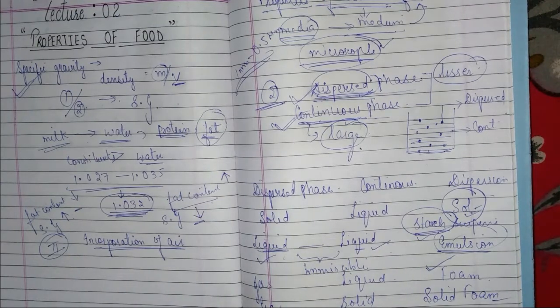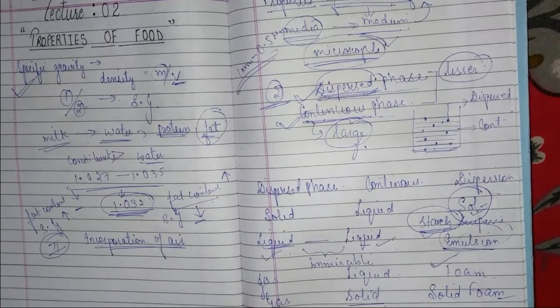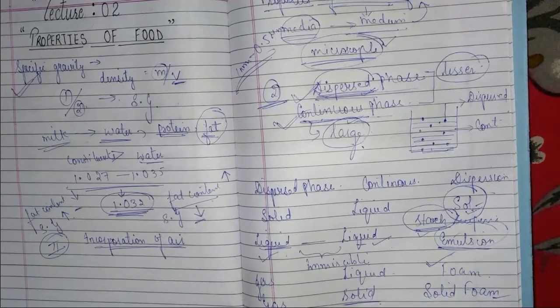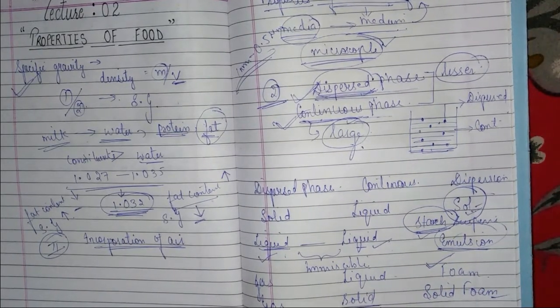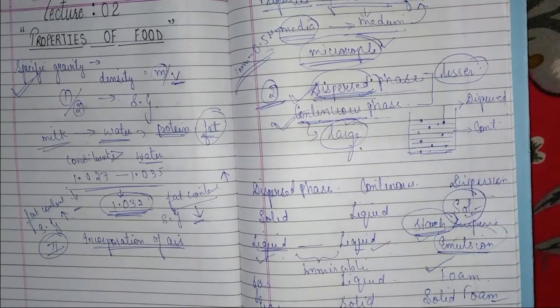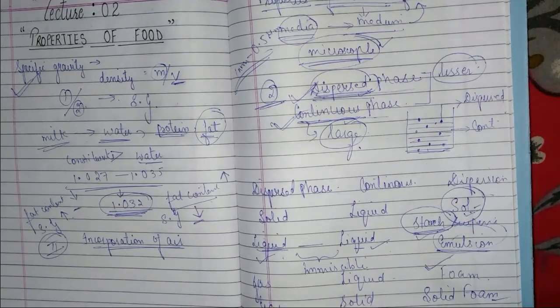The last one is solid in gas, and the dispersion is known as aerosol. The example is flavored smoke, which is very popularly used in fish and meat. Cured meat and smoked fish are examples of aerosol. So these are some examples of colloidal mixtures.